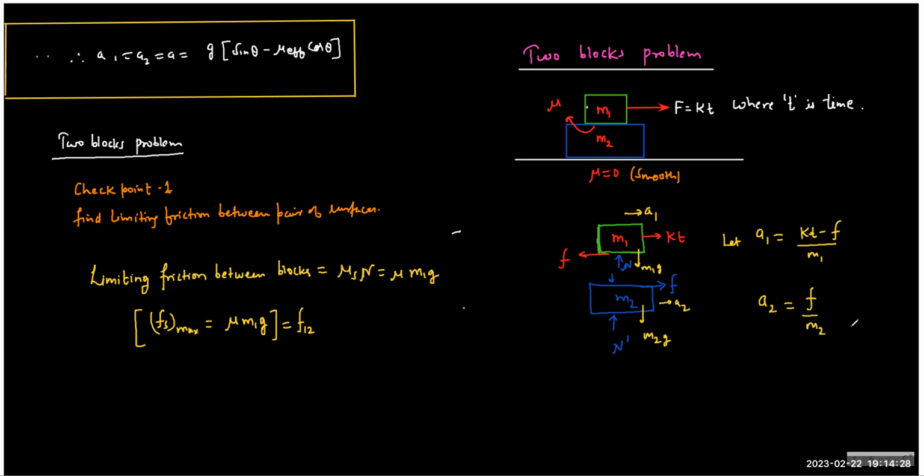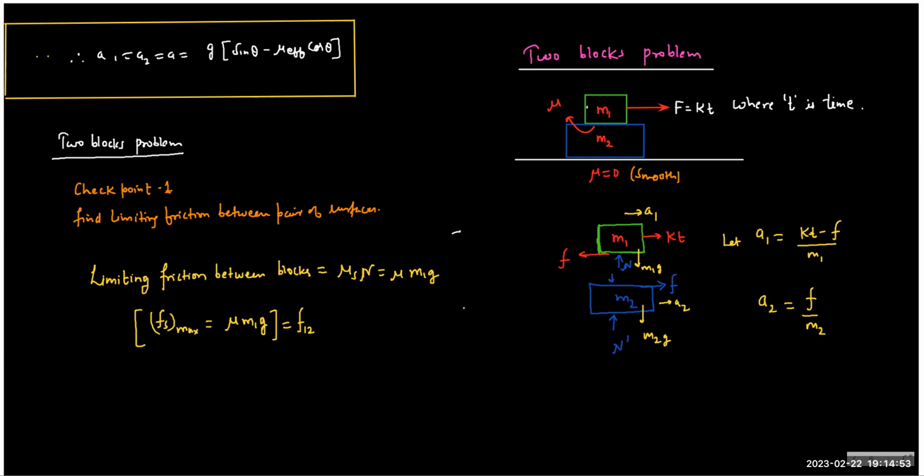That's it. So the first step is to keep a variable F and solve in terms of F. This is not the answer. This is the way of writing the acceleration. I'm not saying this is the answer of this question. We haven't reached the answer.